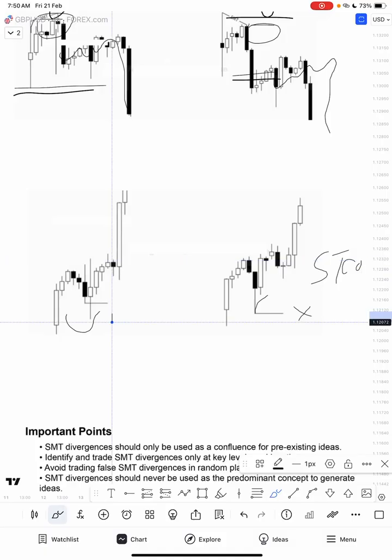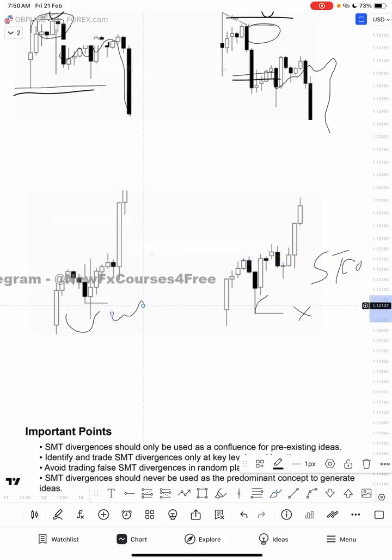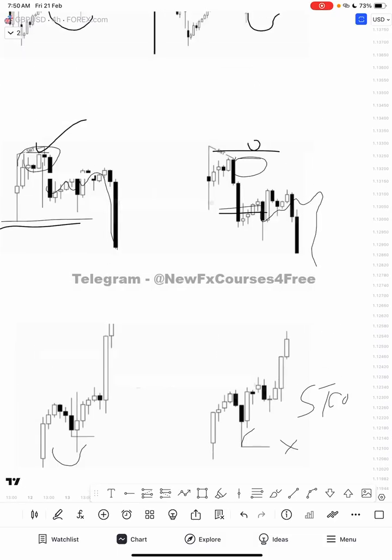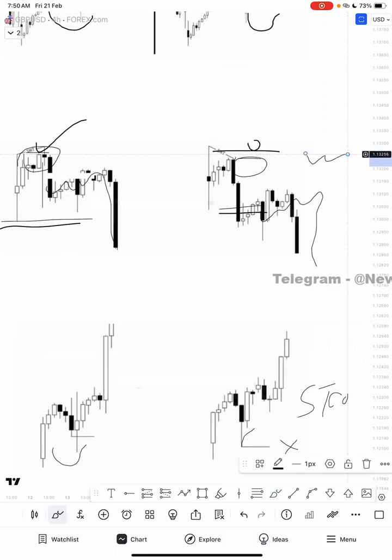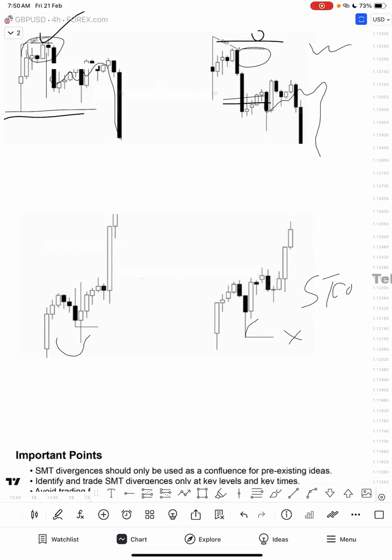This is weak. I won't say this is weak. It's more strong than this asset. This is a weaker asset over here. I just illustrated here. So this asset is more strong than this asset over here.